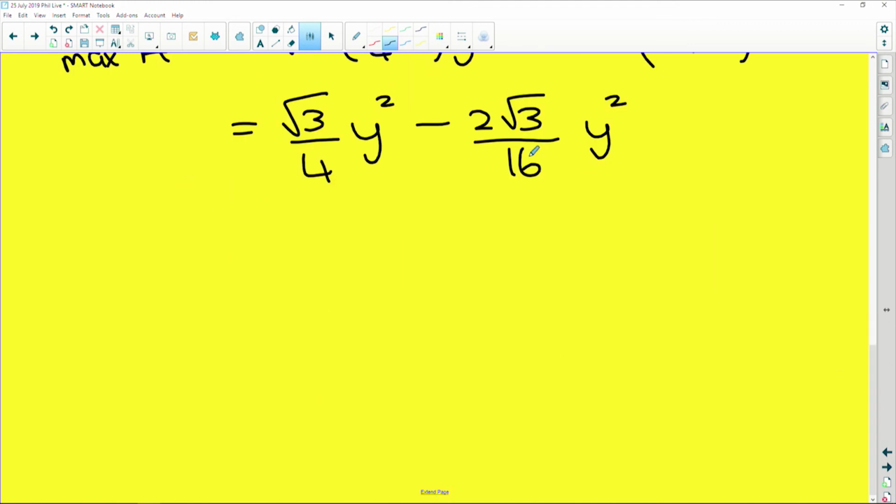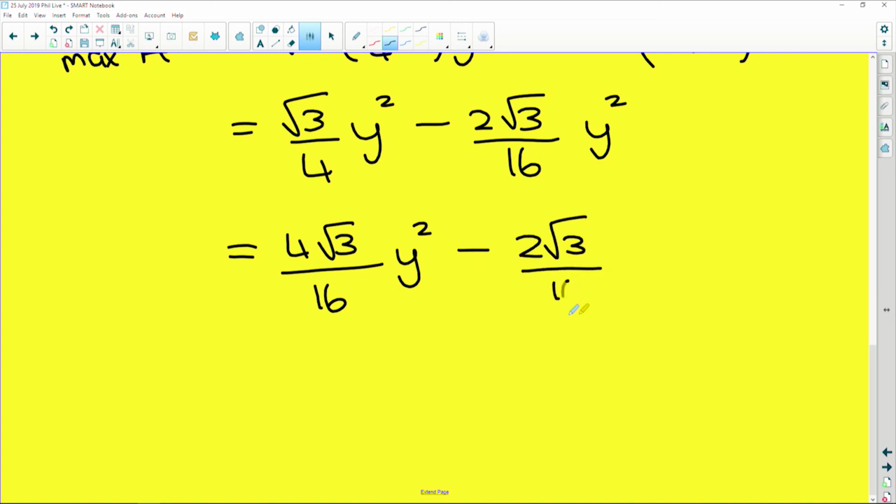Okay, and now if we want to try and add or subtract these two from each other, remember, common denominator. So we multiply this entire fraction by 4. We get 4 root 3 over 16 y squared minus 2 root 3 over 16 y squared. And now because they are like terms with common denominators, we can simply subtract.